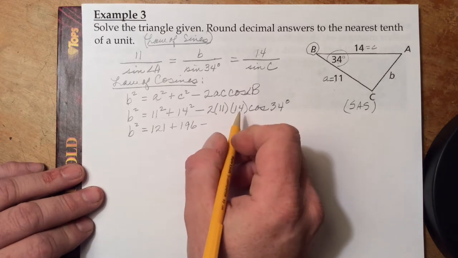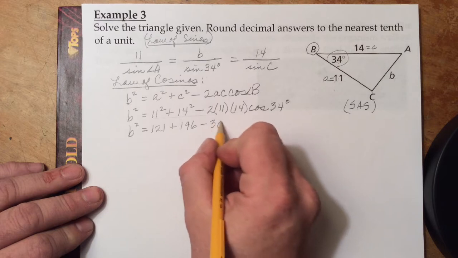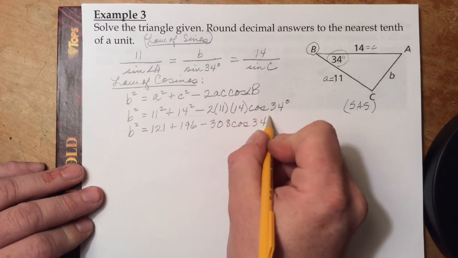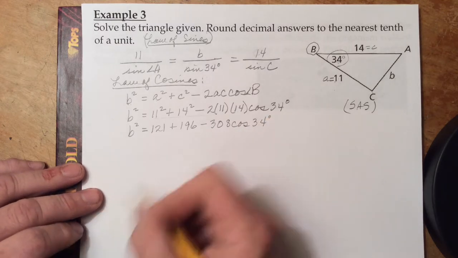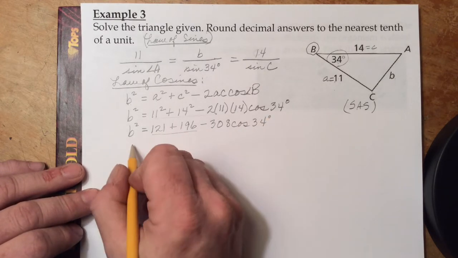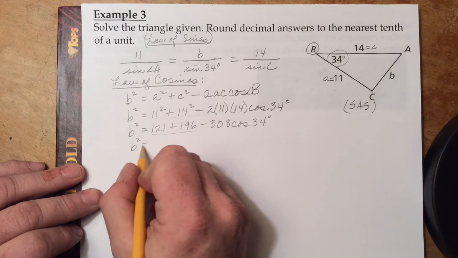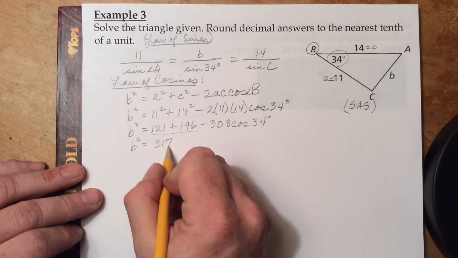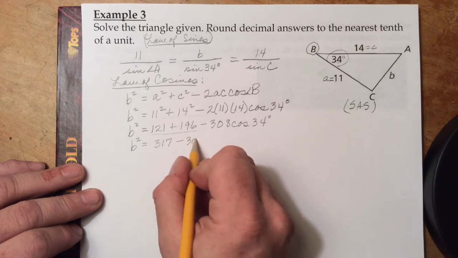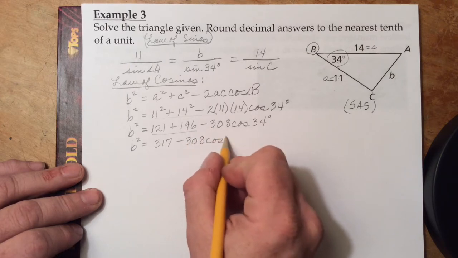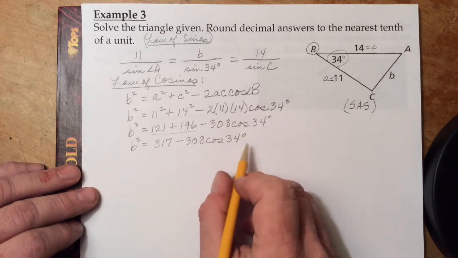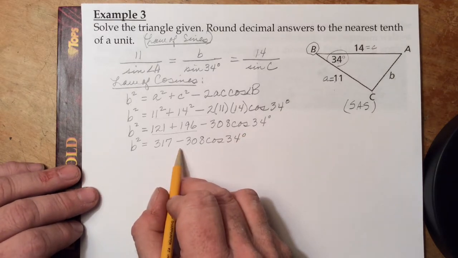That's 2 times 11 times 14 is 308, times the cosine of 34 degrees. Next, go ahead and add these 2 to make it a little simpler. B squared is equal to 317 minus 308 times the cosine of 34 degrees. At this point, there's really nothing else we can do to simplify without a calculator.